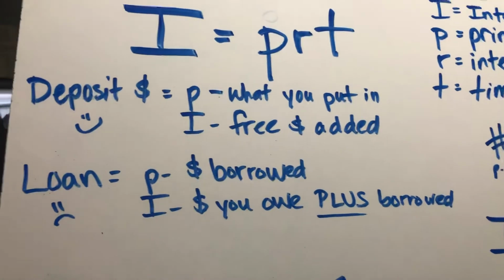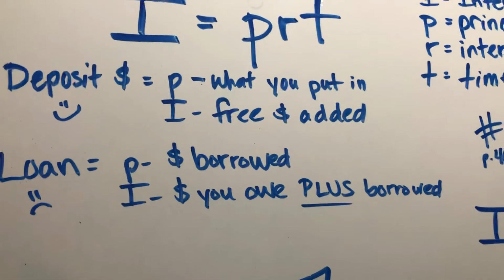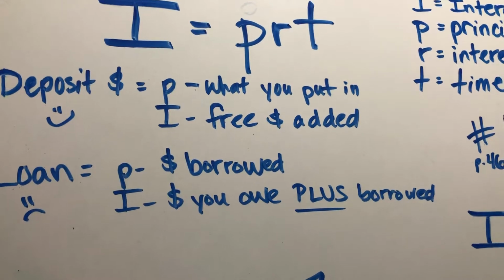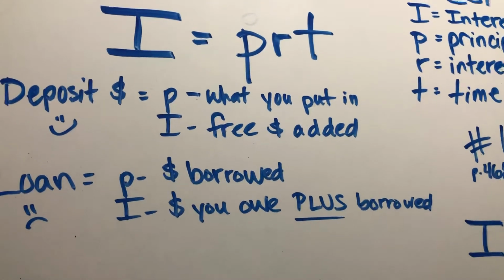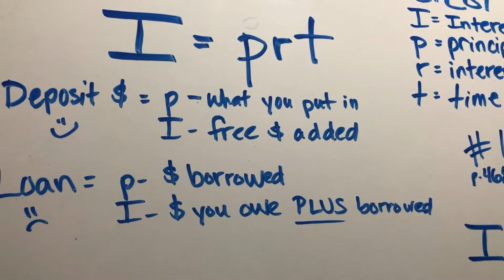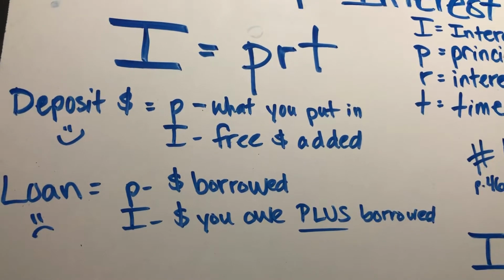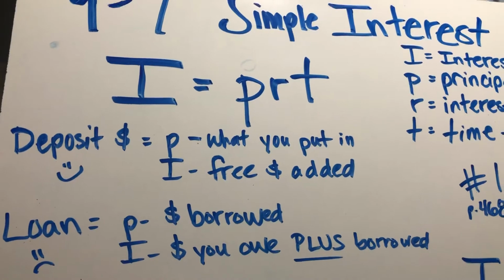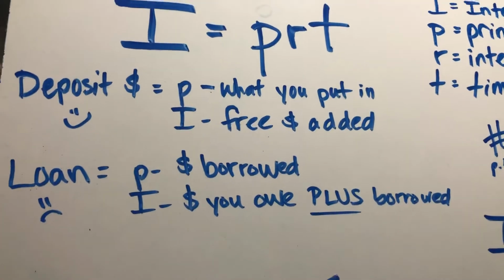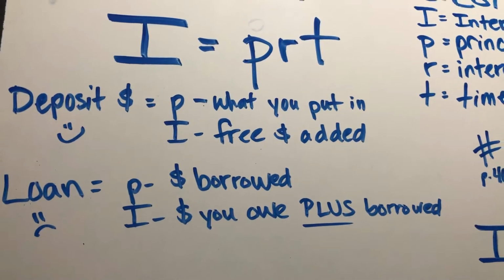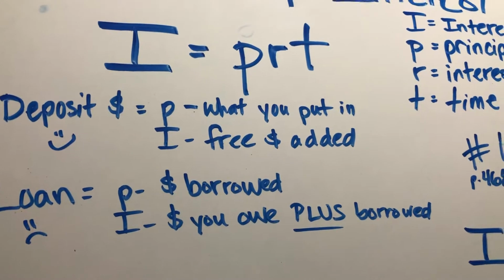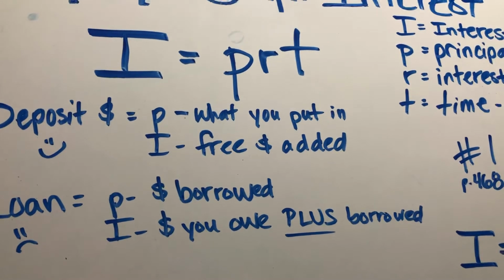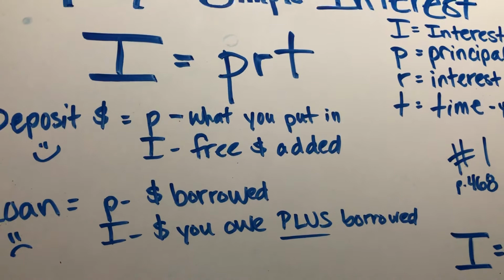And then the interest is the sad face part. They charge you money because you're borrowing it. And that's the way America works. Wah, wah, wah. So if you deposit, they'll give you free money, but if you borrow, you have to pay the interest on top of, there's my plus, that amount on top of what you borrowed.